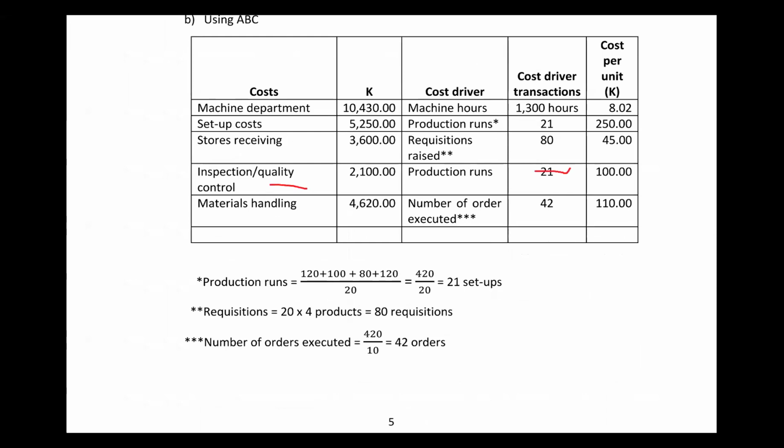But the number of orders executed, there are 42. If you are not given that there are 42, it's simple. They have already told us that they were producing in batches of 10 units. So just divide the total units, 420 divided by 10, giving you 42 orders.